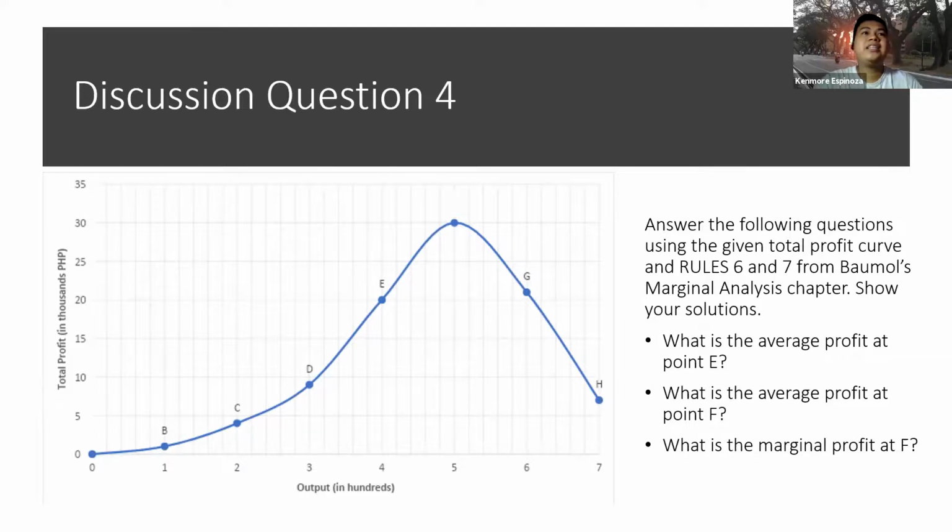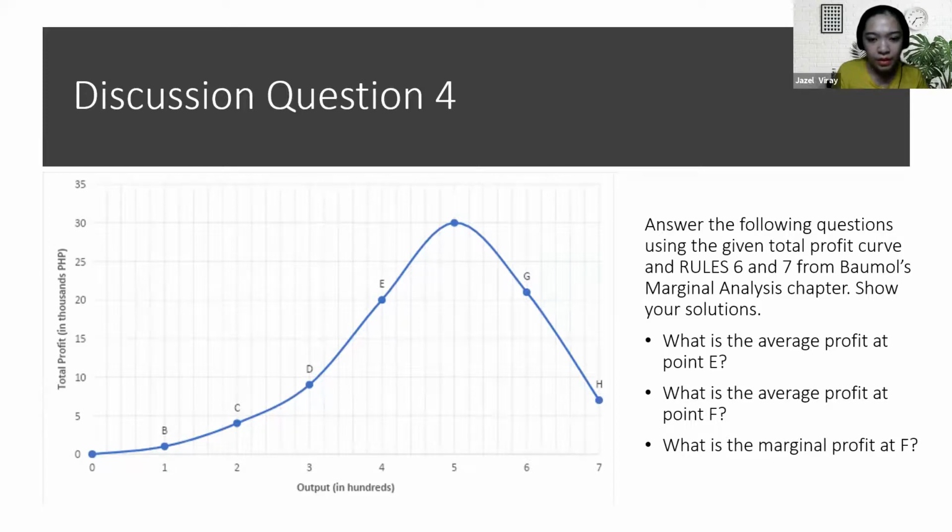Sorry, point F isn't written there, but the topmost one is F. Jazel? The formula is change in total profit over change in output. So 30,000 minus 20,000 over 500 minus 400 equals 10,000 over 100.